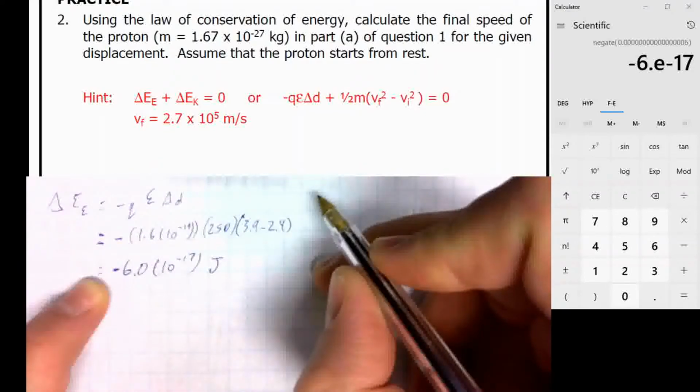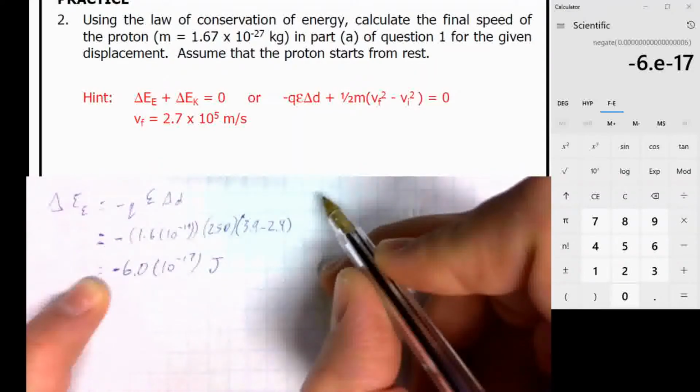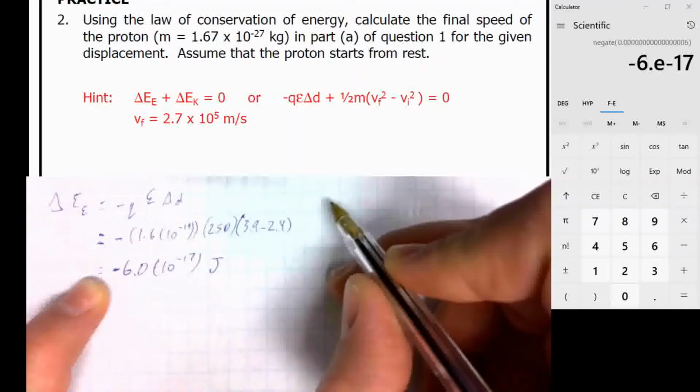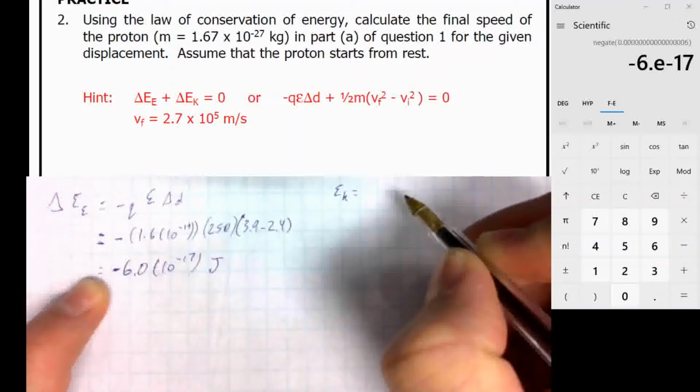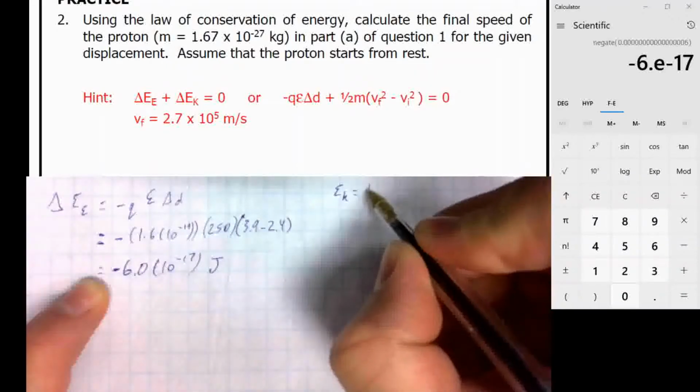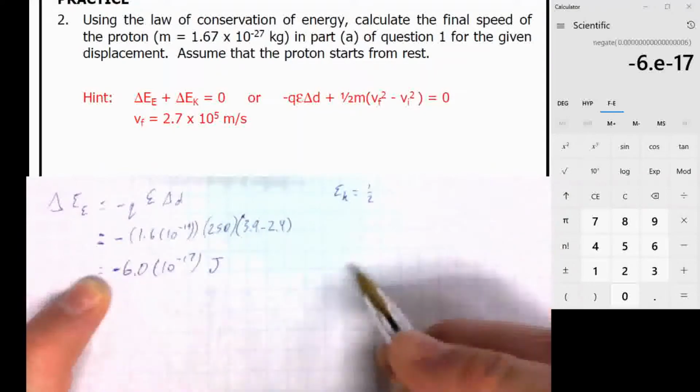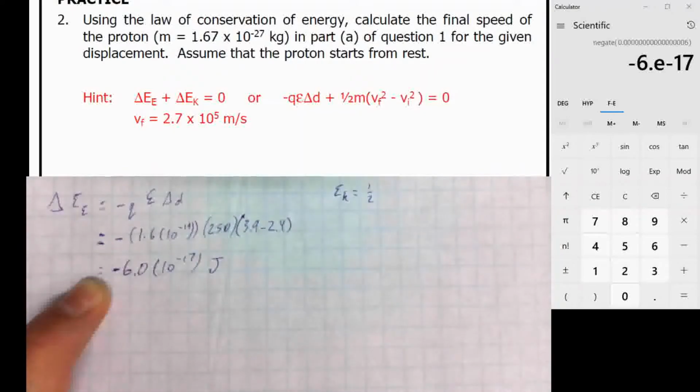So it basically would have an EK of 1/2. Sorry, it starts from rest. So we have to consider that its kinetic energy before was 0.